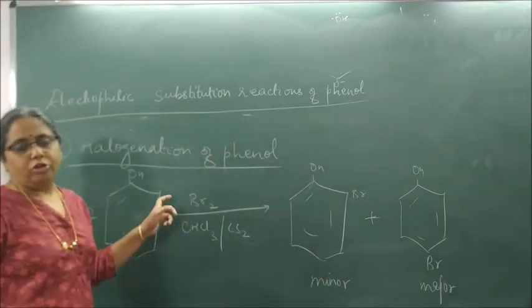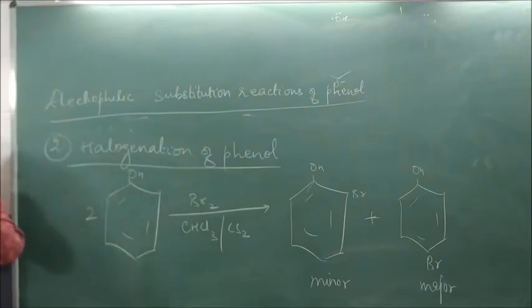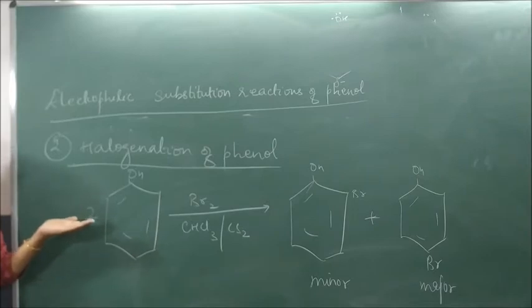Generally, bromination or chlorination will take place in presence of a Lewis acid such as FeCl3 or FeBr3. It does not take place here because the OH group is a highly activating group.